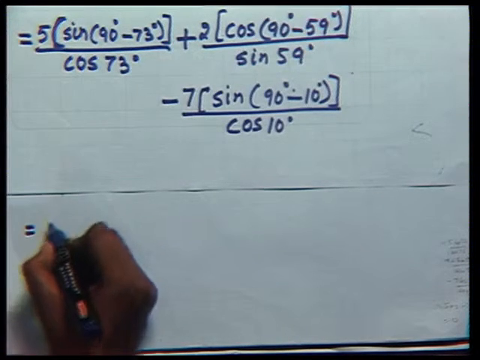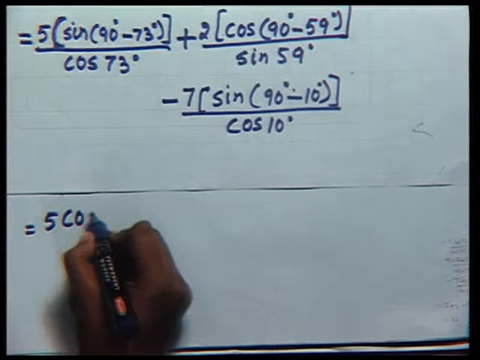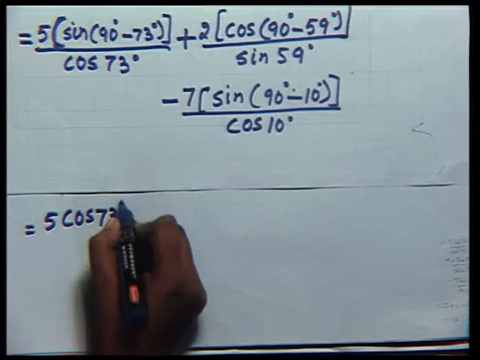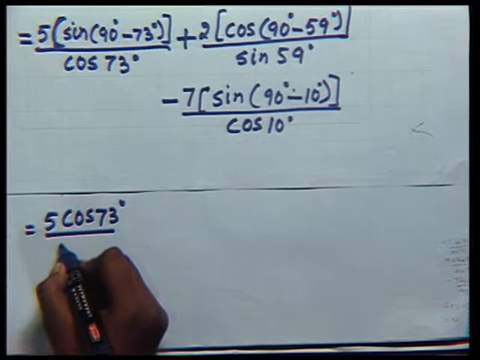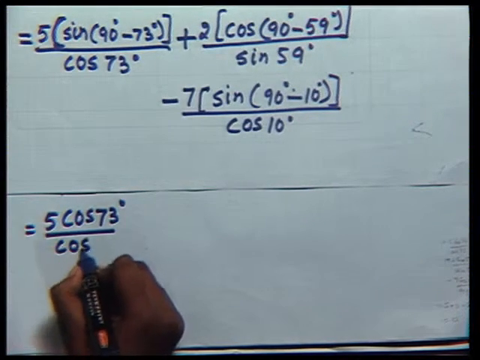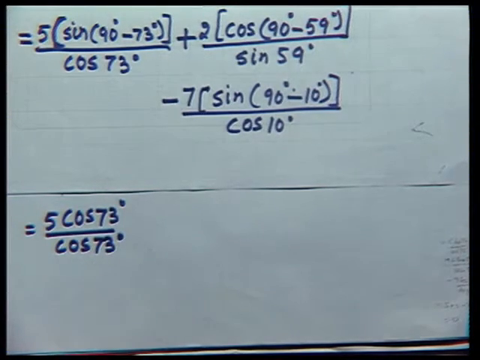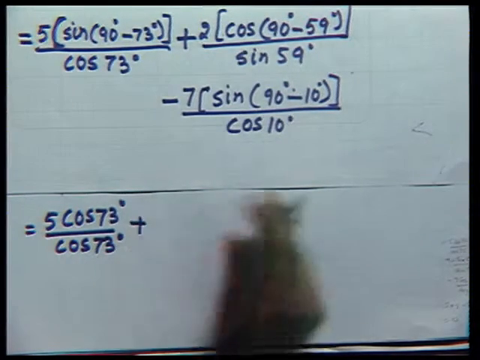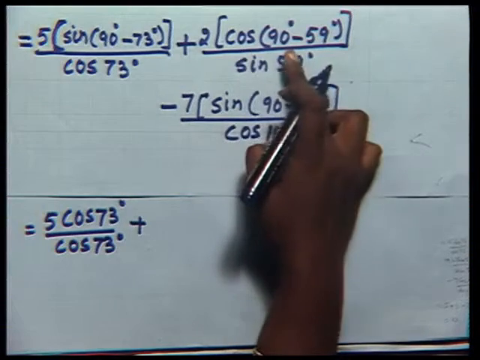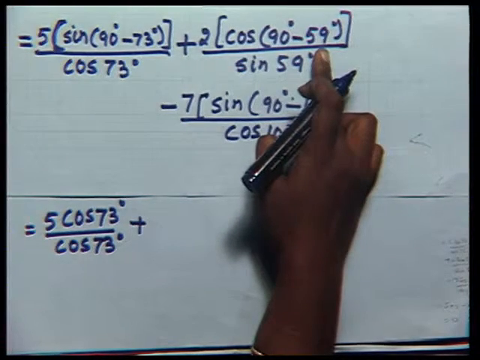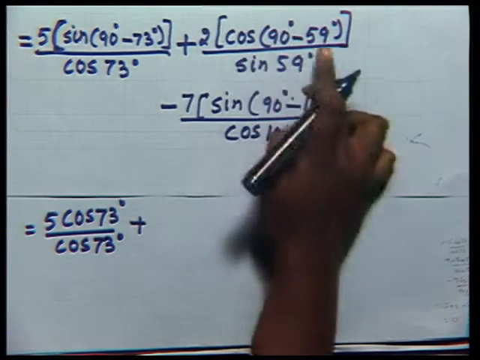So, we write it as 5 times cos 73 degree upon the denominator kept as it is, cos 73 degree, plus 2 times cos 90 degree minus 59 degree is nothing but sin 59 degree.